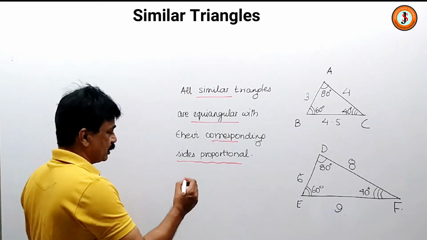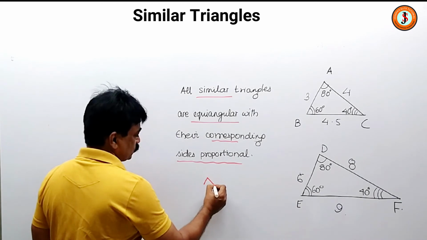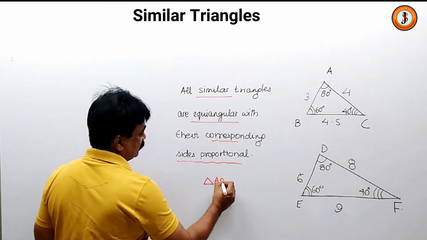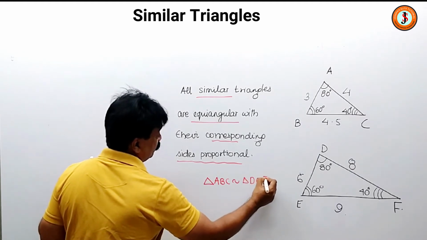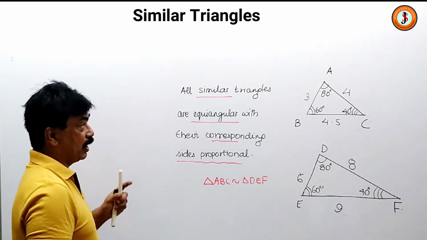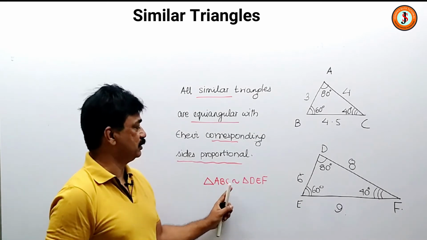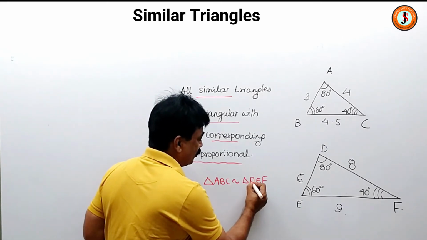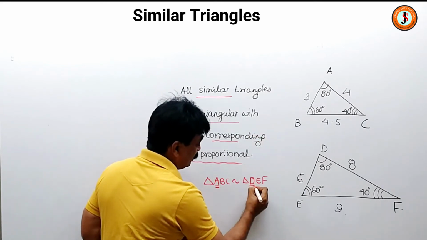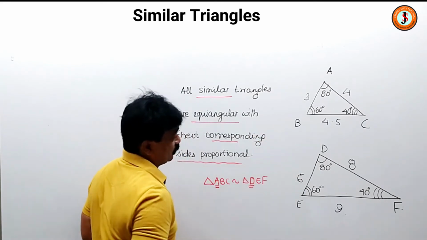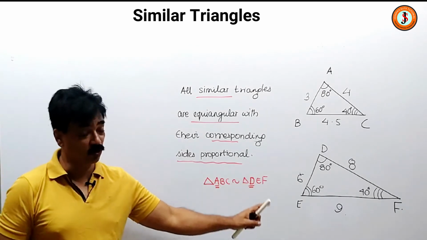That means as soon as I write triangle ABC is similar to triangle DEF, here also order has to be maintained. I cannot write triangle ABC is similar to triangle EDF. I have to write DEF because angle A is 80 there, so the corresponding angle D of 80 should come, otherwise that writing is wrong.